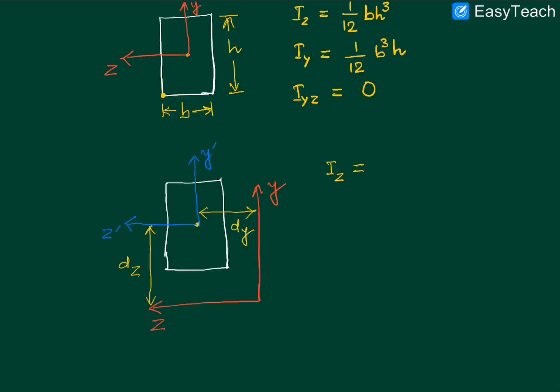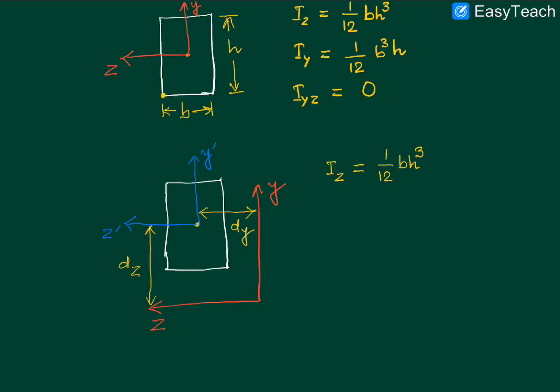Please note that the Iz that we are considering is with reference to the given z axis, which is the red colored axis here. So first of all, referring to the z dash axis, what we have is 1 by 12 bh cube, just as before, but this is only in reference to the z dash axis, that is the centroidal axis, which is not the given axis.